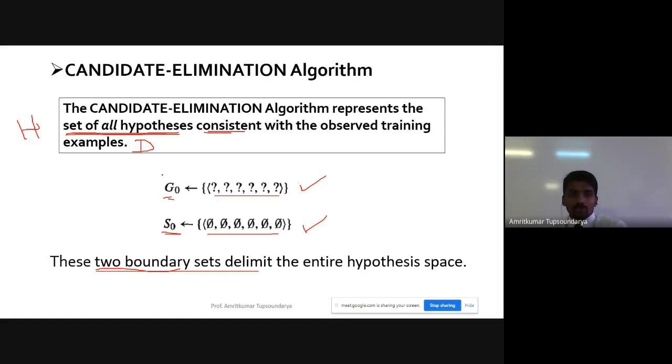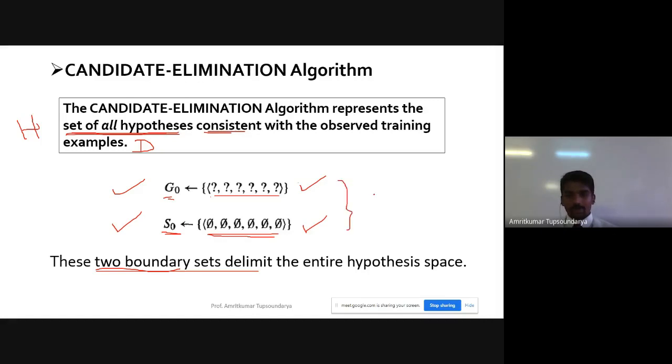So to start with the candidate elimination algorithm, we first initialize the most general hypothesis by assigning all the attribute values as question mark. Question mark denotes any value is accepted, and we also initialize the most specific hypothesis by the symbol phi, which denotes no value is accepted. What these two initializations do is they set a boundary for us.